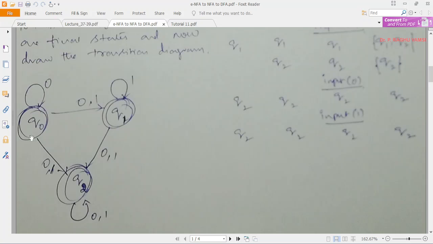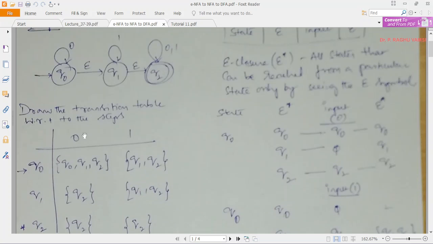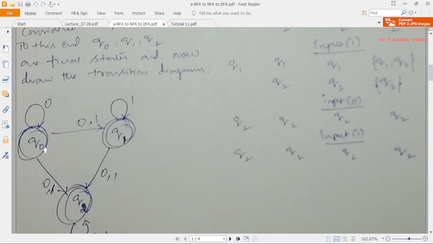So Q0 on 0 is going into Q0, Q1 and Q2, right? This is possible because this is NFA, not epsilon NFA. In this you will not find any epsilon transition. You will find only the transition with the proper inputs.